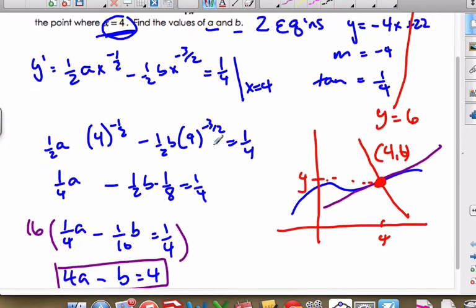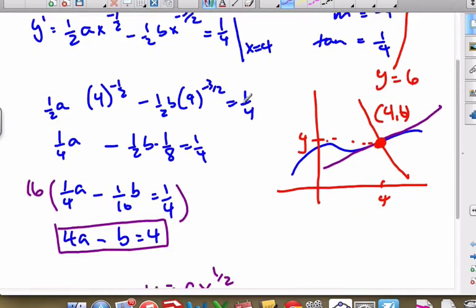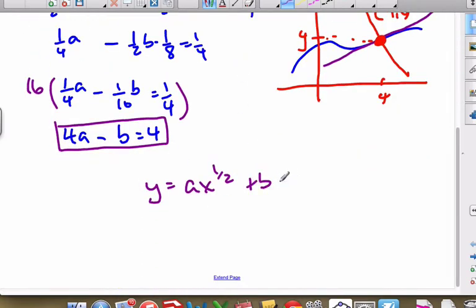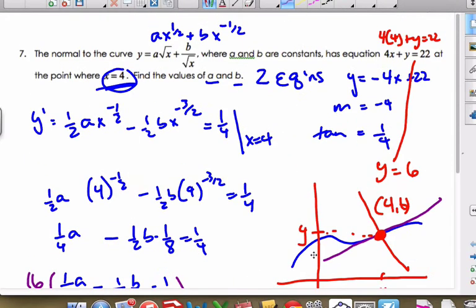And so now, if I plug in that value, so here's my function y is equal to ax to the 1/2 plus bx to the minus 1/2. And if I plug in the point 4, 6, I get 6 is equal to a times 4 to the 1/2. Oh, did I copy my function down wrong?